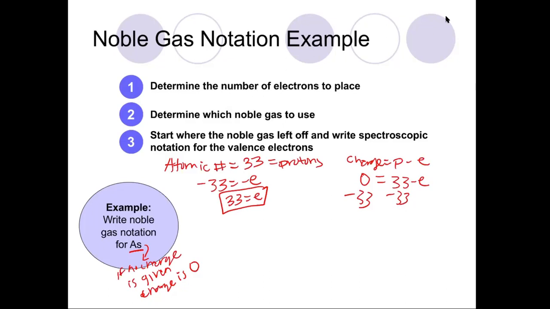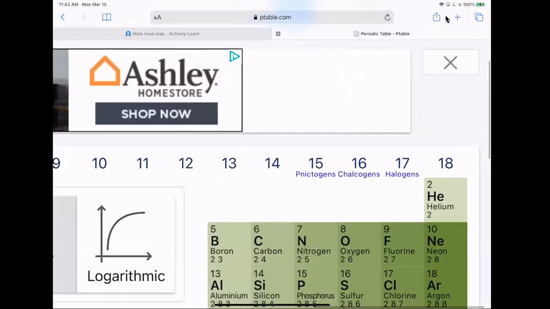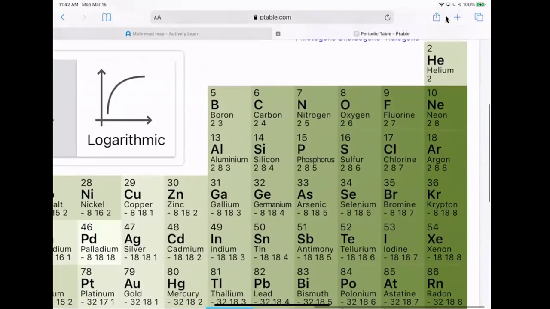So before we can decide, okay, I need 33, let's look at our periodic table. Again, we're looking at the atomic number. Which of the noble gases, the last column on the right, is closest to 33 but doesn't surpass 33? You can choose helium, neon, argon, krypton, or xenon.